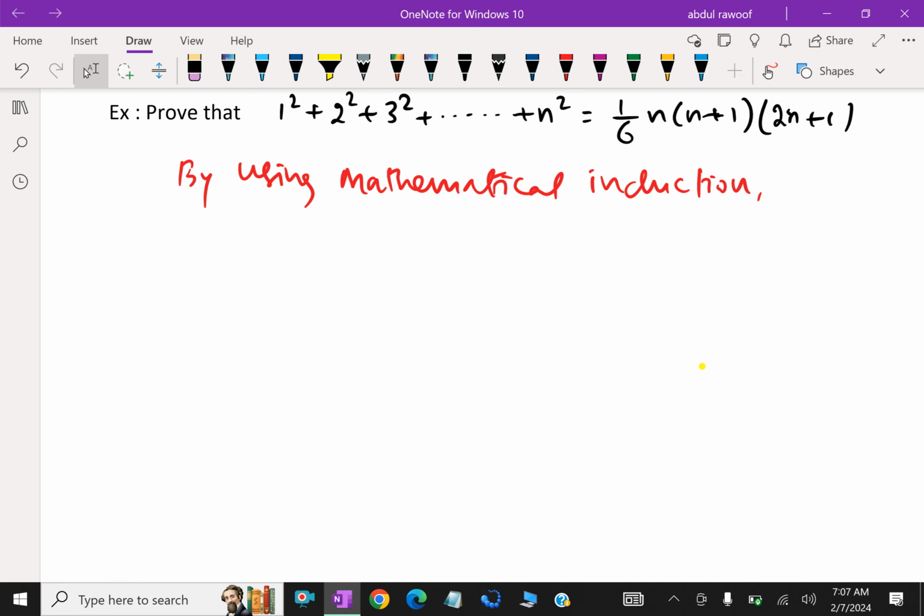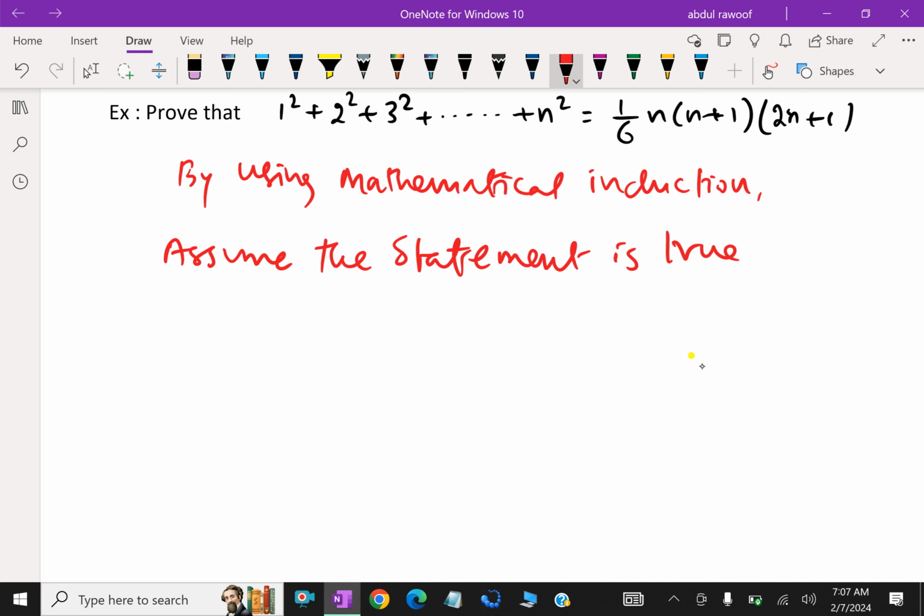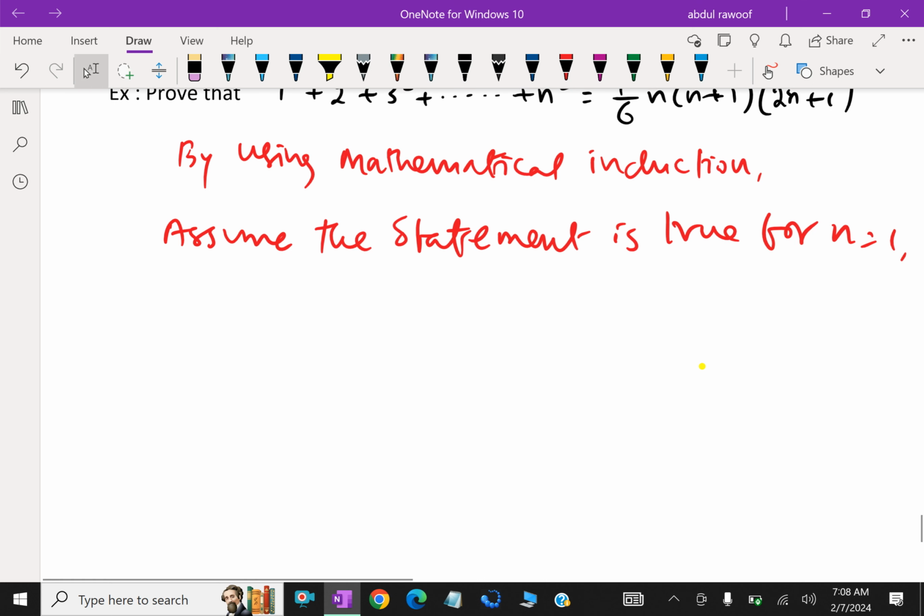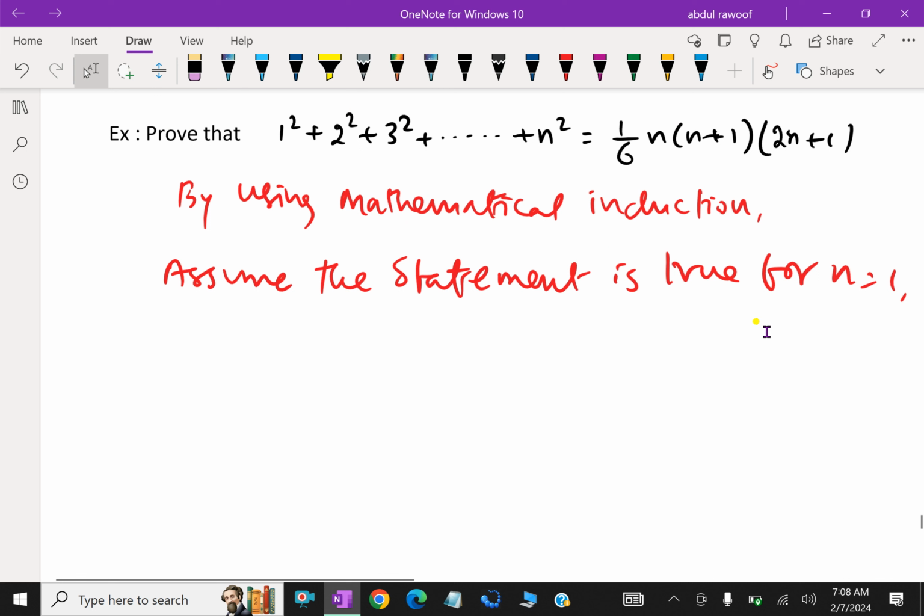Now, assume the statement is true for n equal to 1. On the left side we have to put 1, because n square is 1 square.